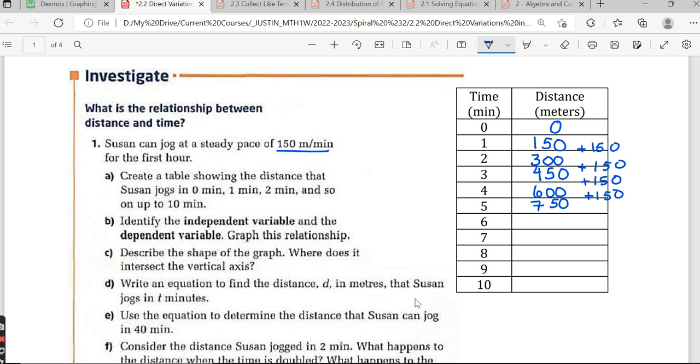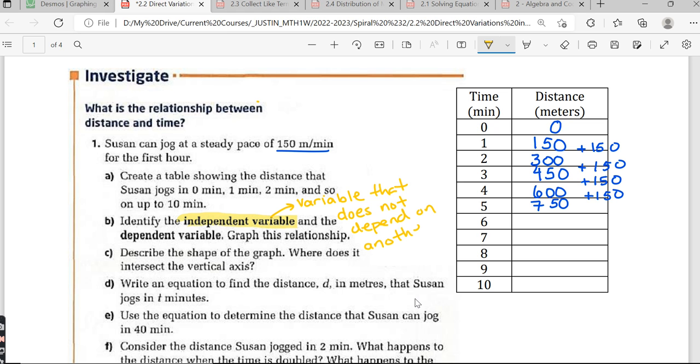Identify the independent variable and the dependent variable and then graph this relationship, which we'll do below. So the independent variable, as the name implies, is the variable that does not depend on another variable.